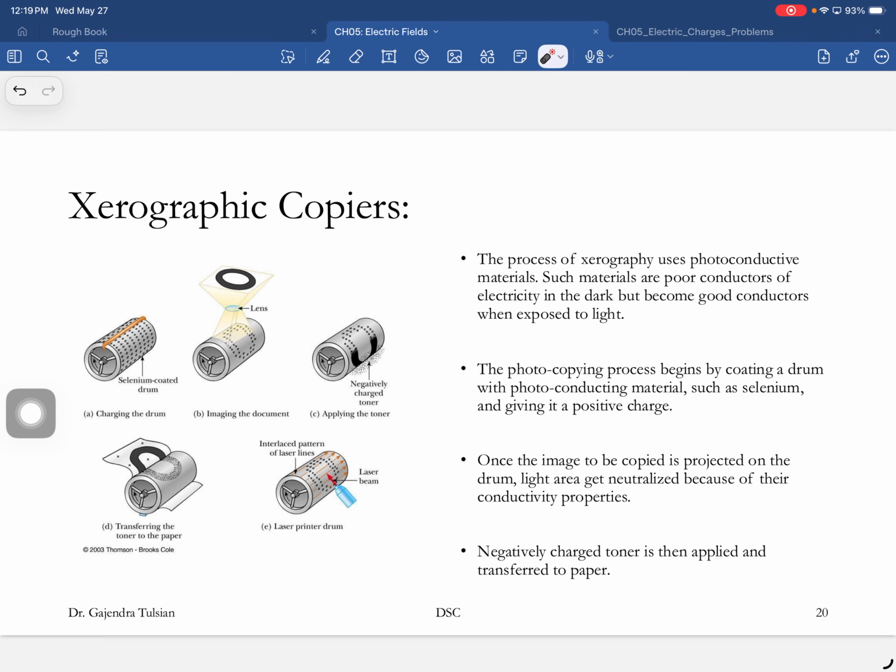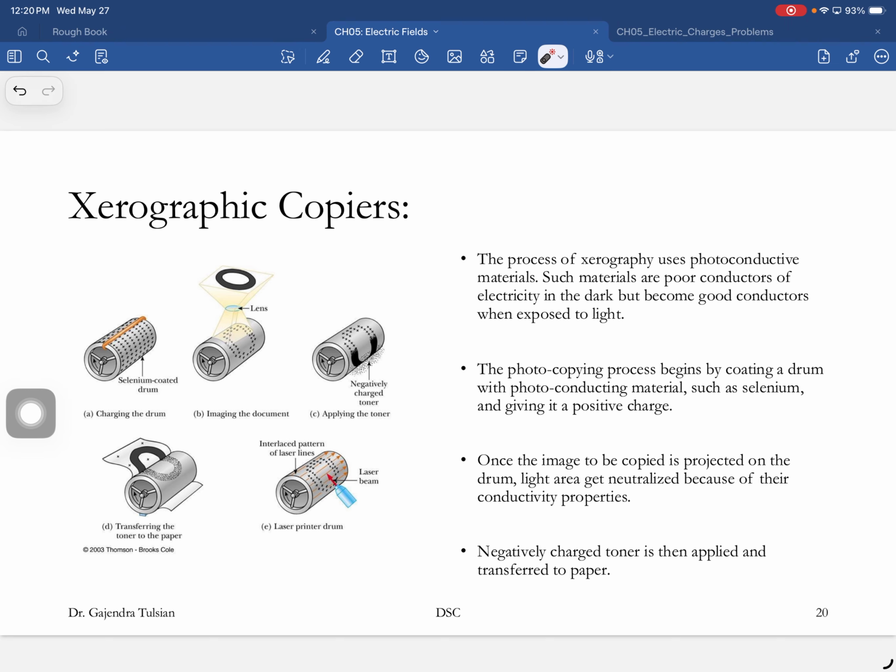All right. So here's how the Xerox machine works. There are some materials called photoconductive materials. So what does that mean? If these materials are in the dark, they're insulators.